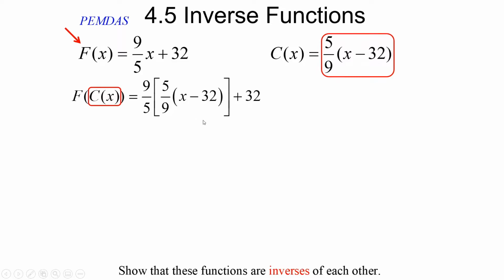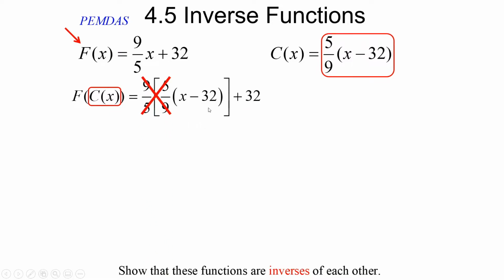So I'm going to go to exponents. I don't see any exponents here. And then I'm going to do my multiplication. Oh, I see 9/5 times 5/9. Wouldn't the 9s and the 5s both cancel? And what do I have left?